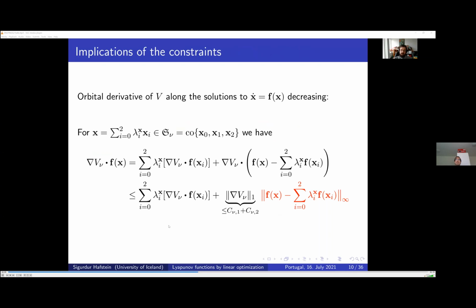And then by Hölder's inequality, we can estimate this dot product from above by using the one norm of the gradient, which is less than or equal to C_μ1 and C_μ2, times the infinity norm of f of x minus this convex combination of f at the vertices.